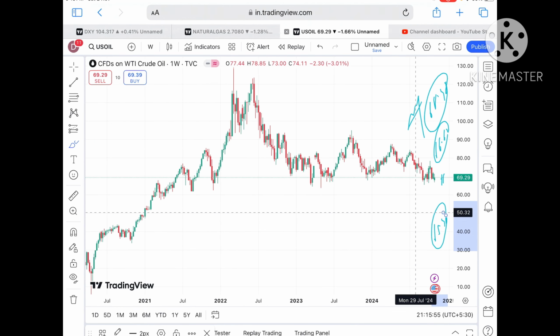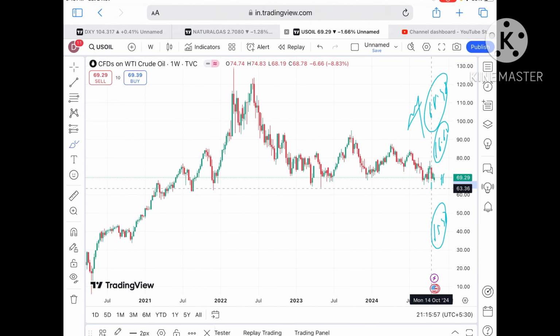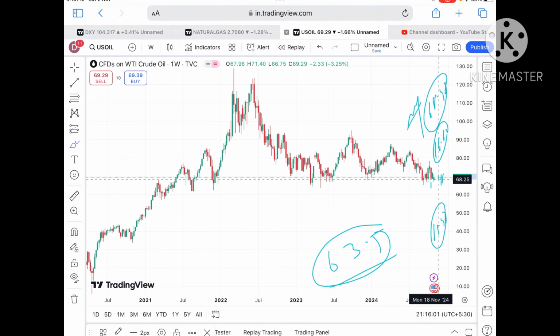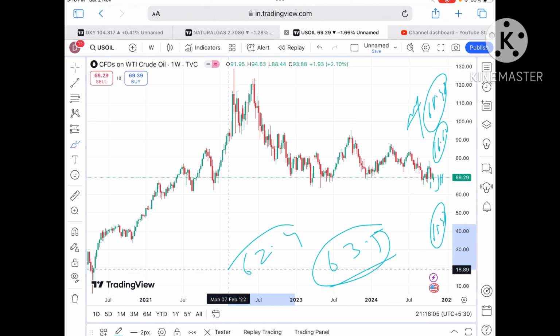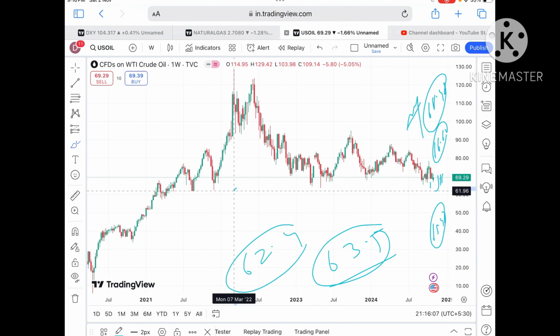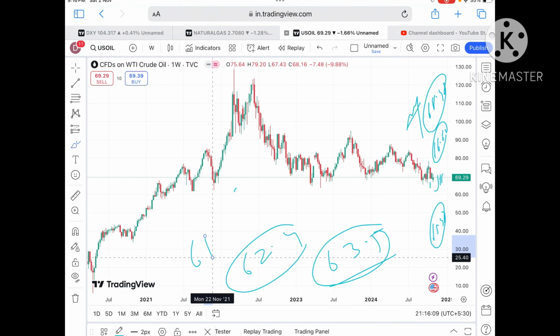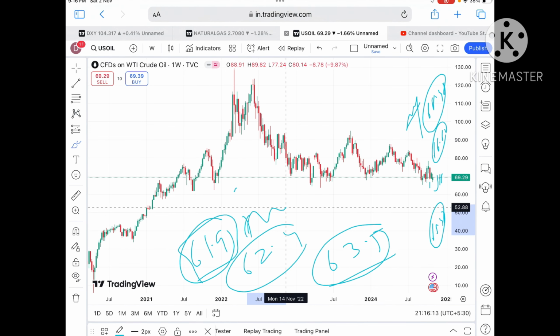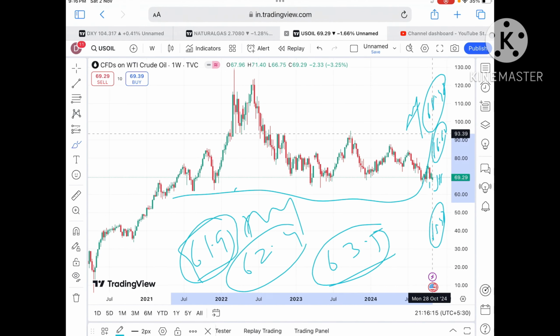Okay, and if the price started falling below 65.48, a probability of touching 63.5 will be there, and if that goes further down, we can see a level of 62.4. Okay, and if it started falling below 62.4, a level of 61.9 will be there, which level has already been tested. So we can see it will fall further low, then there will be a zone breakout.